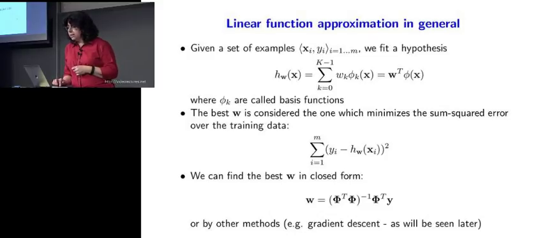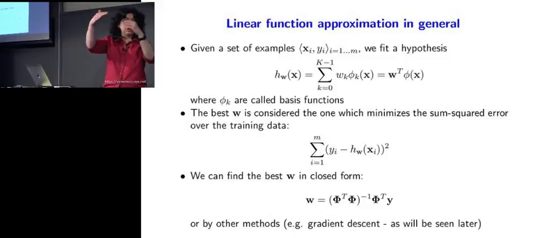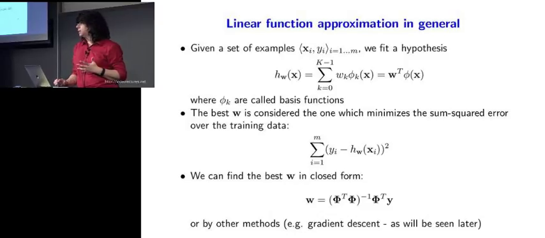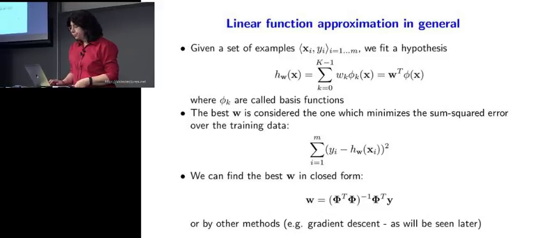Of course, we still have the same sort of closed form solution, except that now, instead of the matrix of inputs x, we have this matrix phi, which contains phi of x. So it's a very small change compared to the linear regression case, but it allows you to put in nonlinearities that you think might be good.